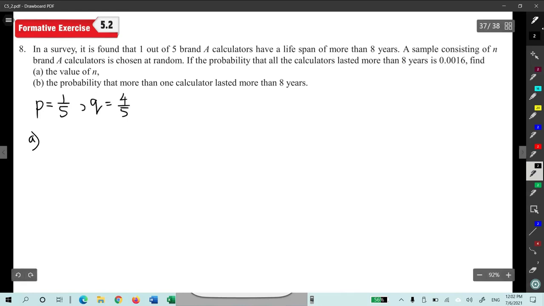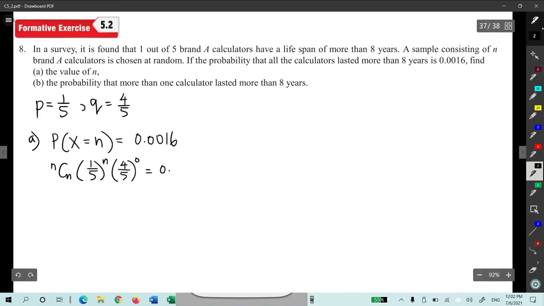So for section A, P(X = n) is equal to 0.0016. So therefore, nCn multiplied with 1 over 5 to the power of n multiplied with 4 over 5 to the power of 0, n minus n is equal to 0, equal to 0.0016.